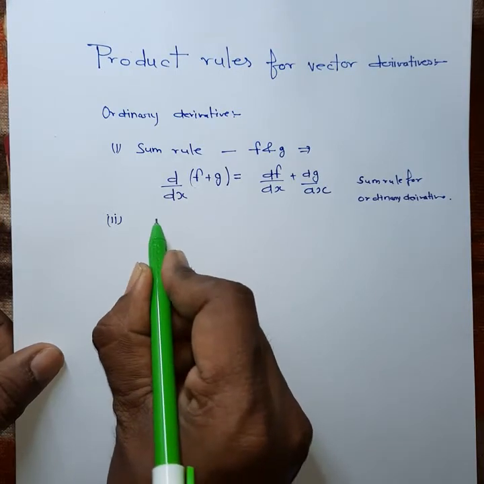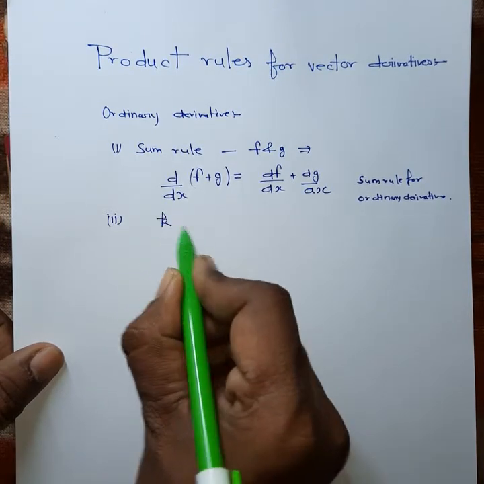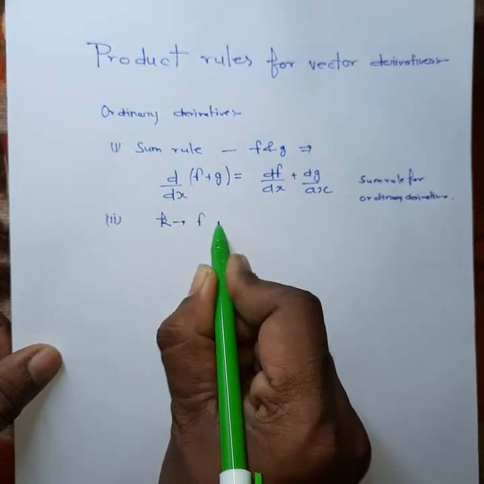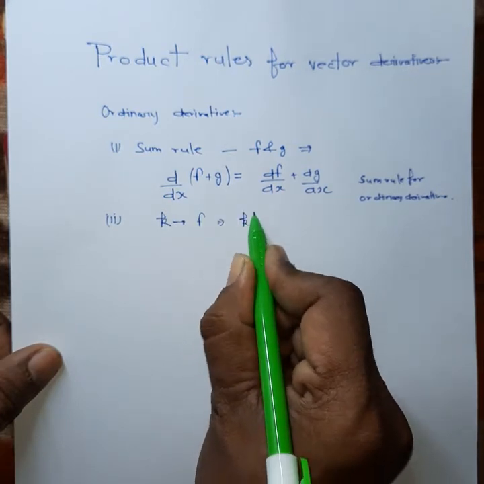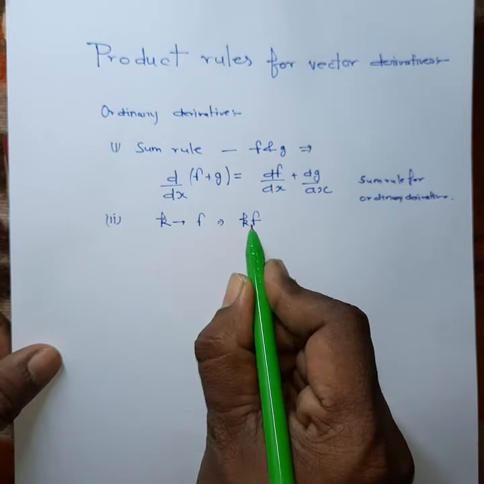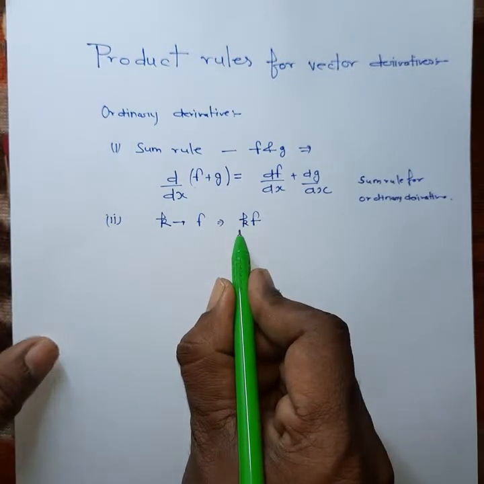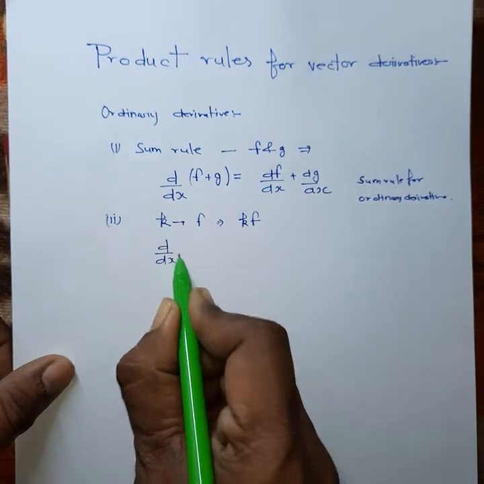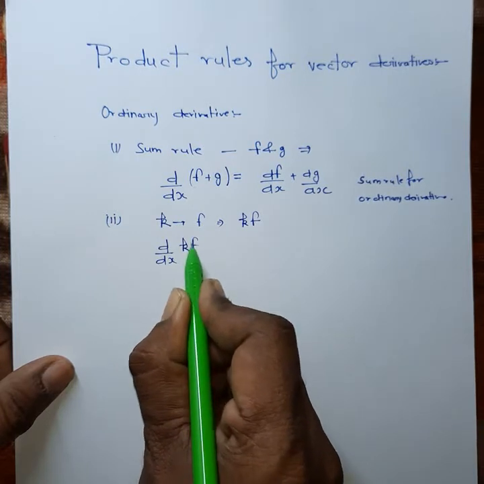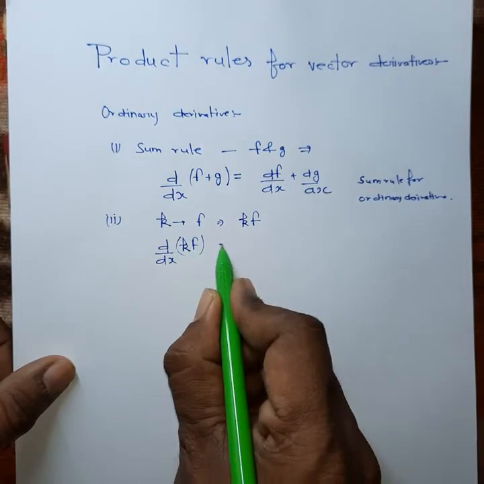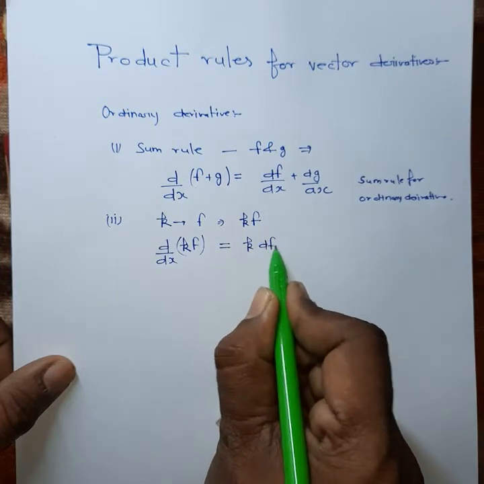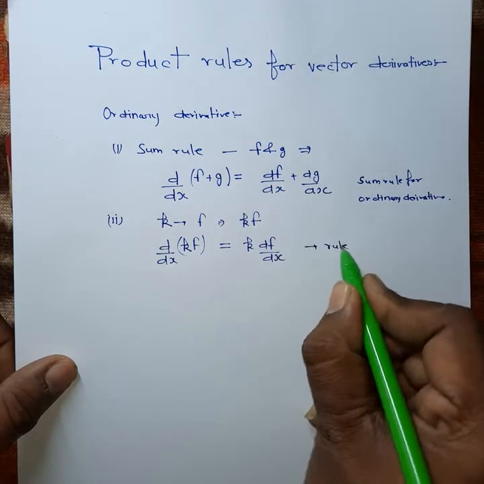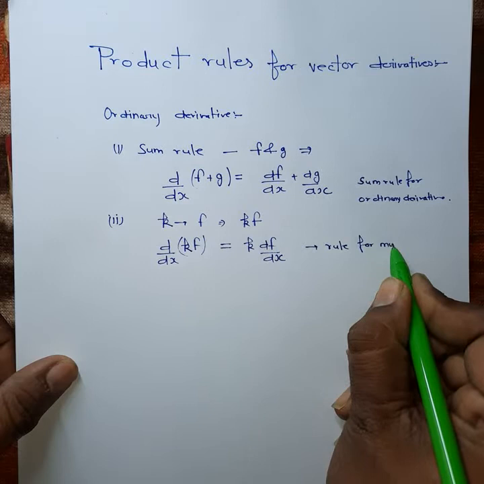Suppose there is some constant k, and you multiply this constant k with function f, getting kf. Then the derivative of kf can be written as k df by dx. So this is the rule for multiplying a constant.